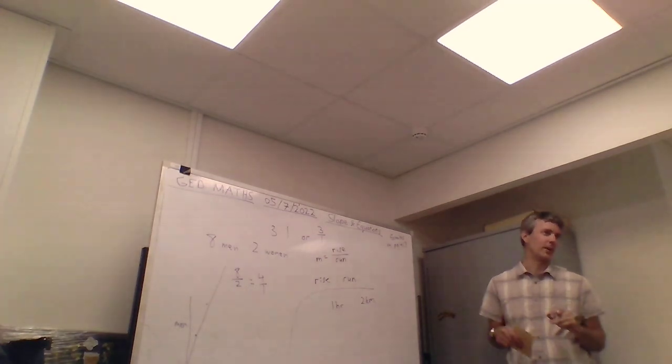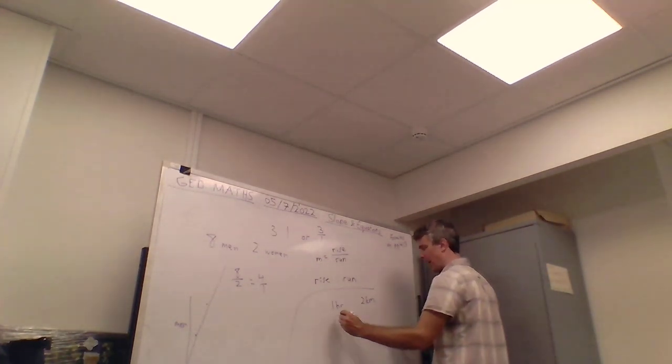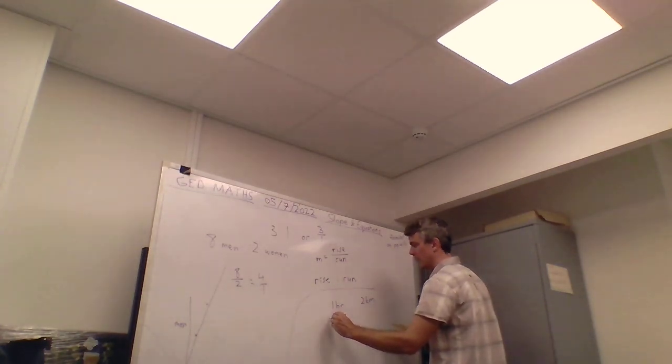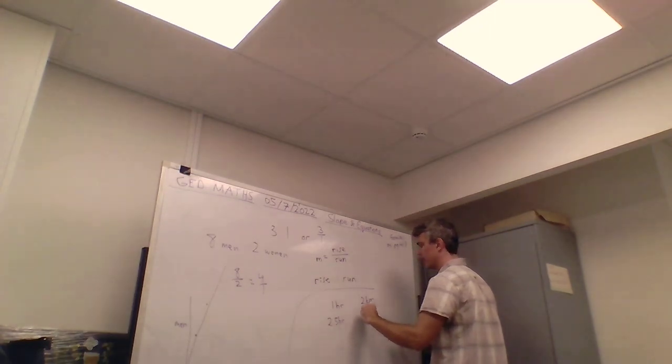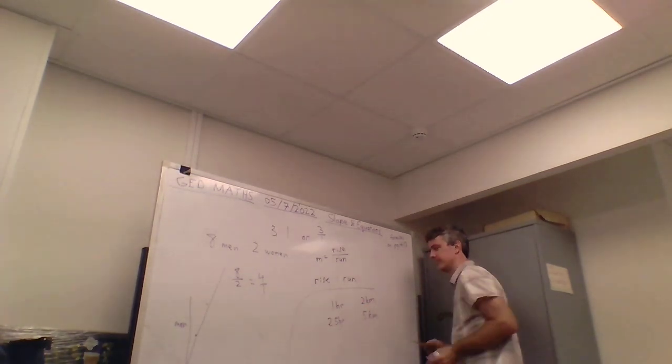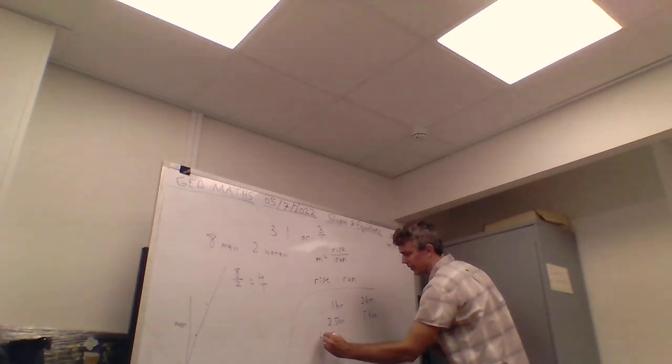Maybe it's slow, maybe it's fast, not sure. Then the next time, it took me 2.5 hours, and I walked 5 kilometers. So what we can do is plot this on a chart.